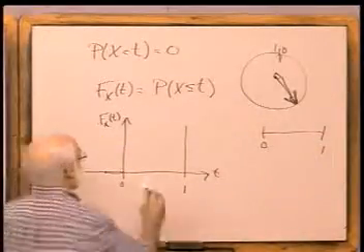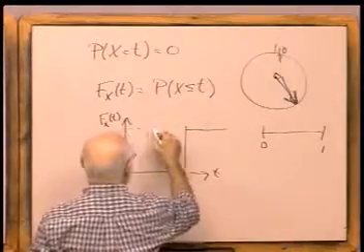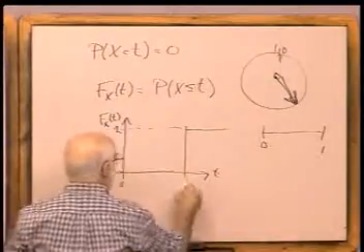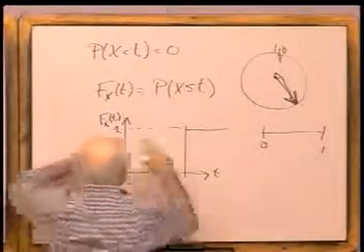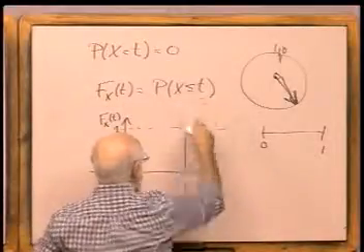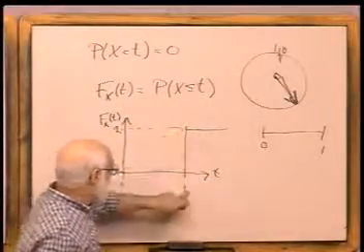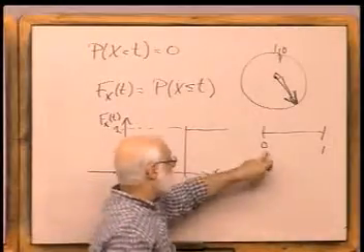So therefore, the distribution function is going to have the value 1 for every value t that's greater than or equal to 1. All right? You have to remember, the distribution function represents the probability that x is less than or equal to t. The probability that x is less than or equal to 1 is 100% because all the numbers lie between 0 and 1.